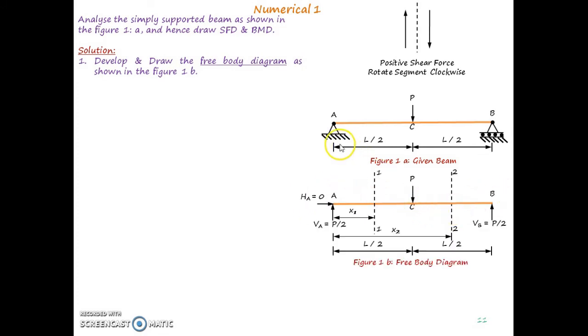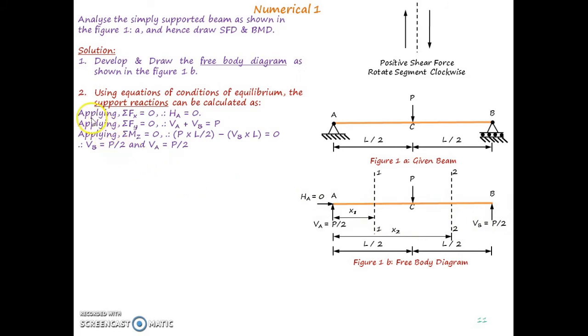Now we are aware that at the hinge support we will have two reaction components, and at the roller support we will have one reaction component. With equilibrium equations, if we apply summation Fx equal to 0, there is no horizontal force as such, so the reaction HA at support A will be 0.